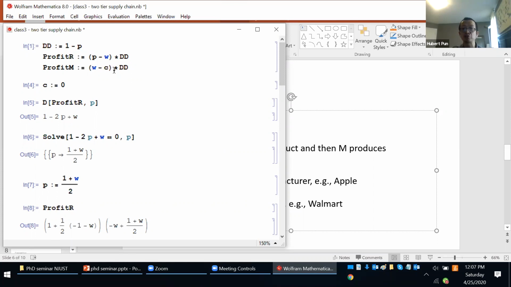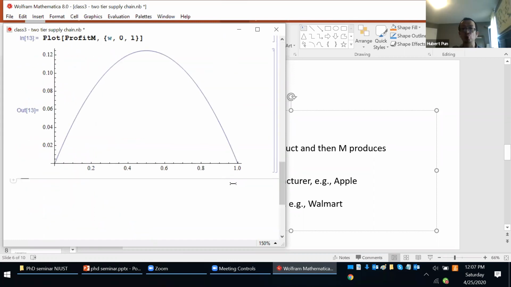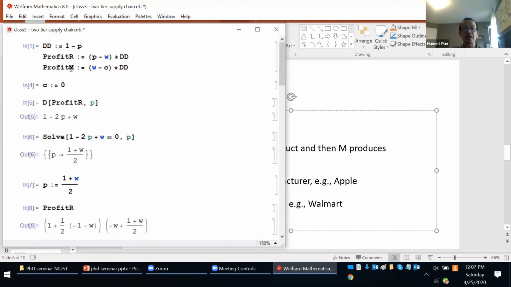That means the manufacturer's profit is W multiplied by D. So of course, if the wholesale price equals 0, then the manufacturer makes 0 profit. Let's look at what happens when the wholesale price equals 1. Then the manufacturer's profit is 1 multiplied by D.